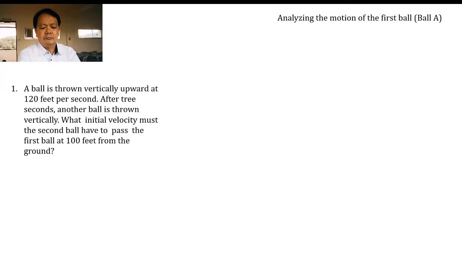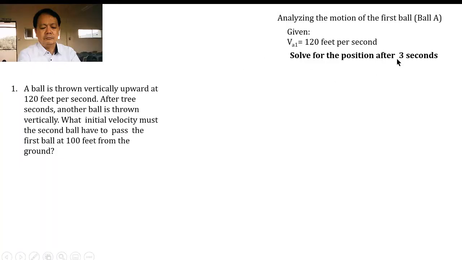Diba? So, kailangan magkaroon tayo ng analysis ng motion of the first ball. Una, dahil given yung kanyang velocity at 100 feet per second, so tingnan natin ang kanyang position after 3 seconds. Wala pa muna tayong solution na ina-analyze pa muna natin yung problem para maipakita natin later on yung correct approach in dealing with this one.